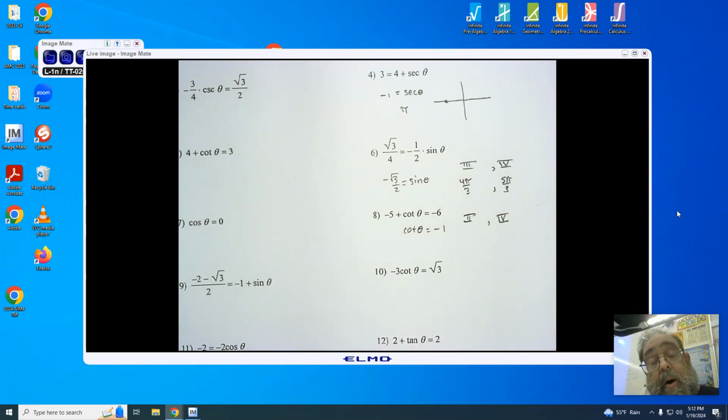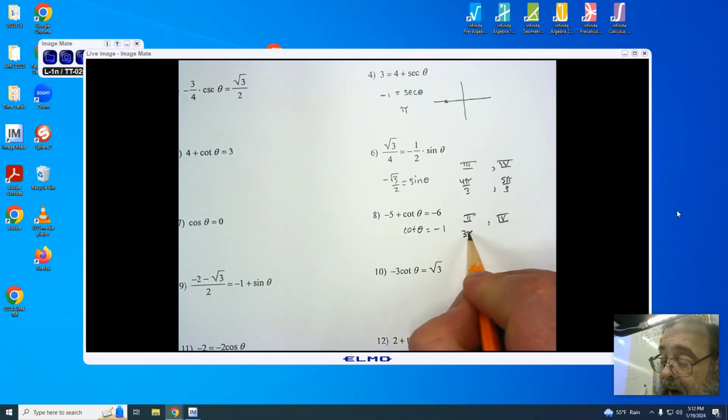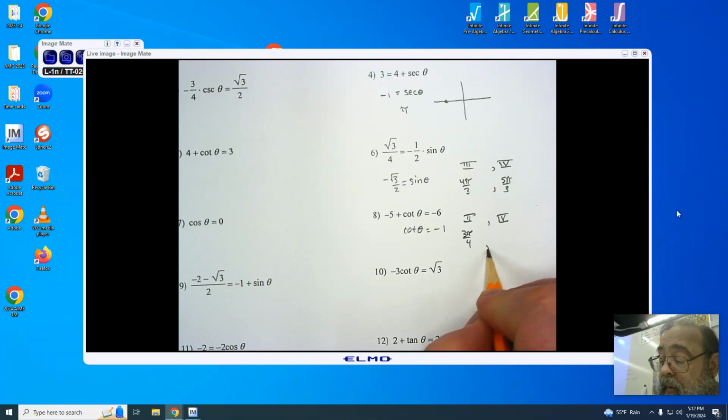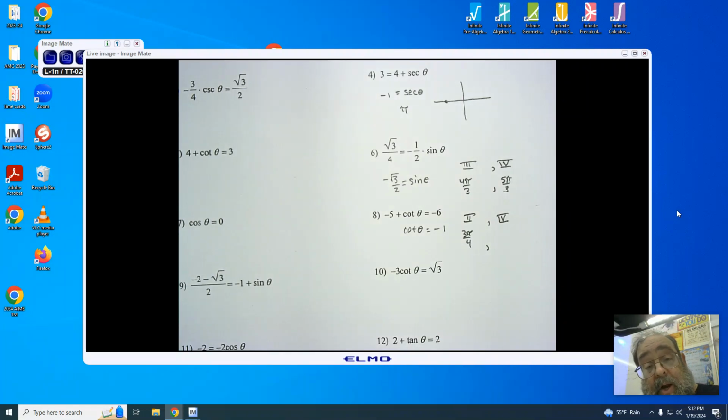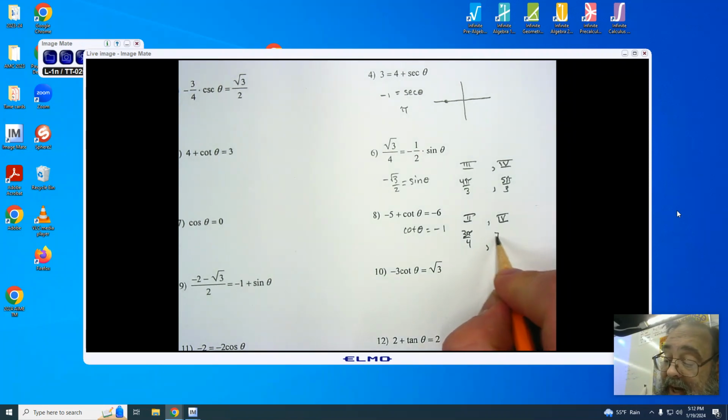So we're looking for the opposites of sine and cosine in the second quadrant. This is when cosine is negative root 2 over 2, and sine is positive root 2 over 2, and this is at 3 pi over 4. In the fourth quadrant, this occurs when the cosine is positive root 2 over 2, and the sine is negative root 2 over 2, and this occurs at 7 pi over 4.